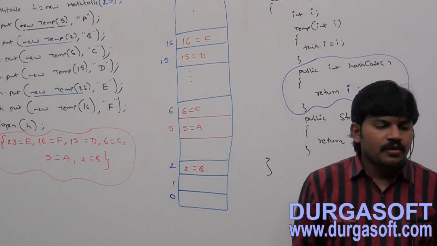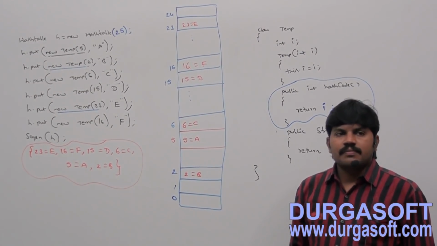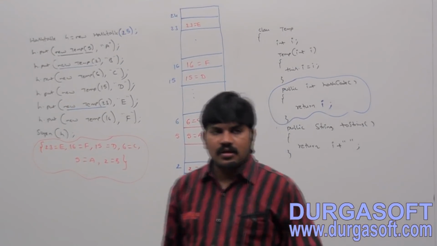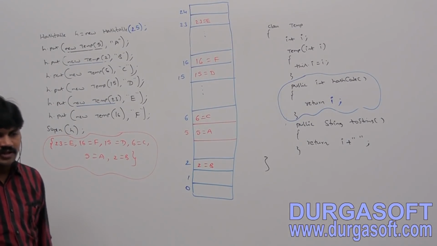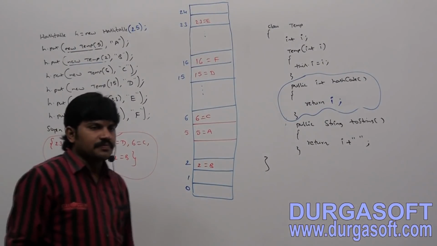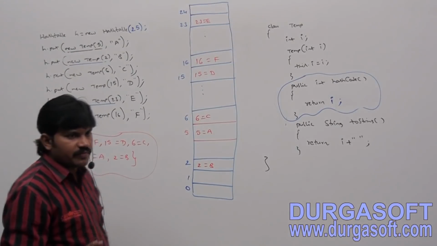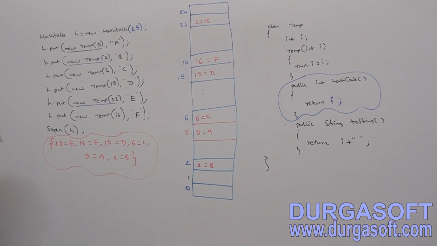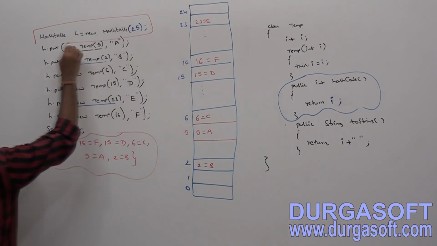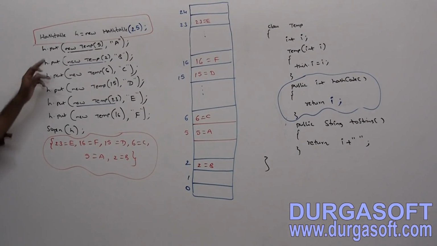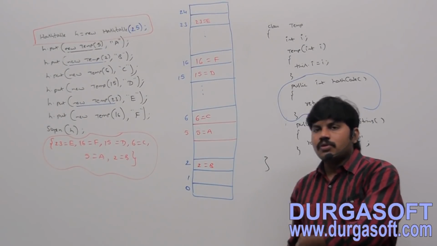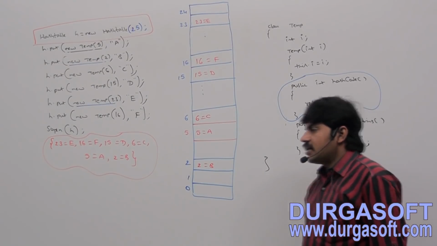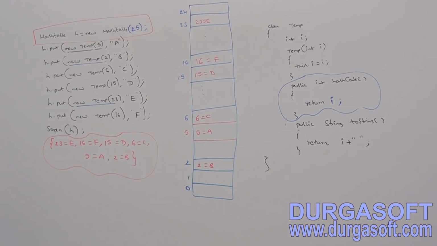If we configure the initial capacity as 25, take only this line: HashTable h = new HashTable(25). Take the output anyway.